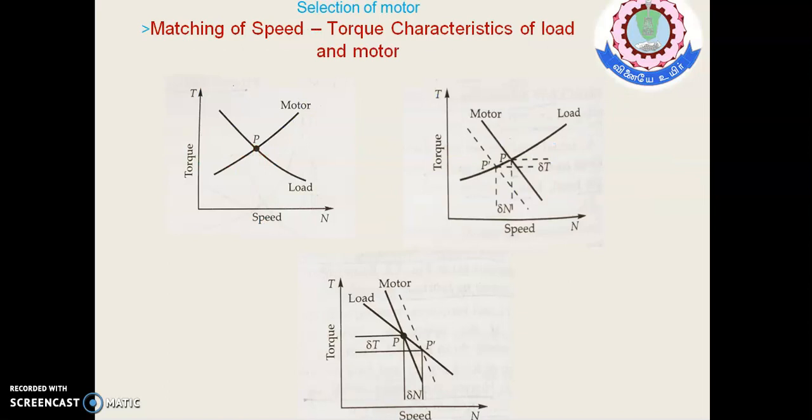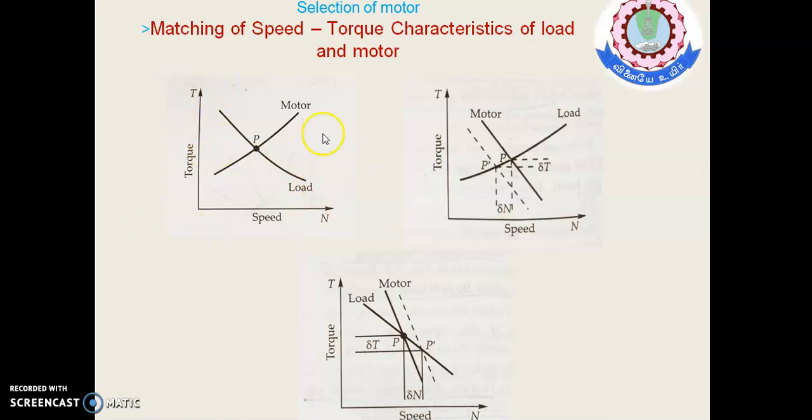Now the next topic we need to discuss today is matching of speed torque characteristics of the load and motor. As of now we are aware of the load characteristics, and before we familiarize ourselves with the motor characteristics, we need to know how to match the speed torque characteristics of the load as well as the motor.